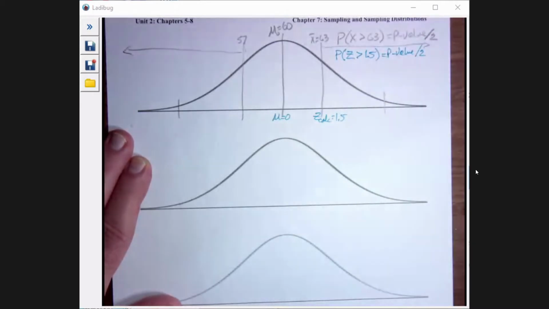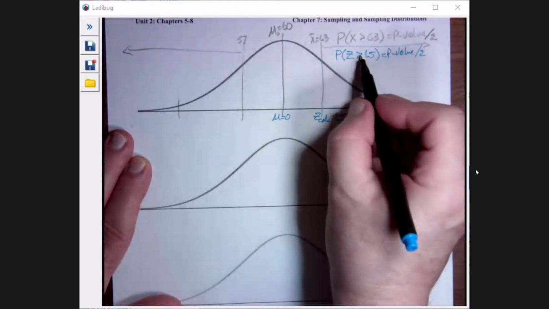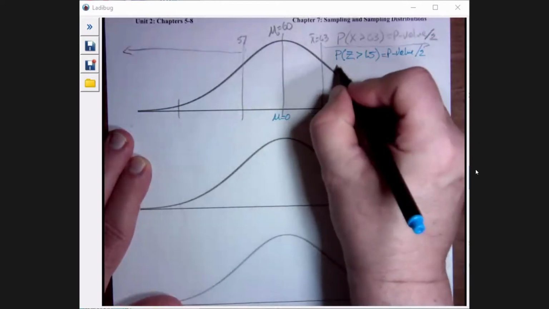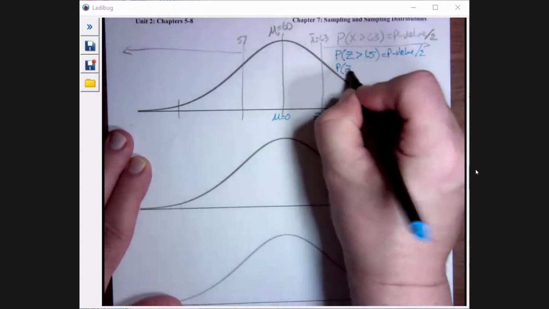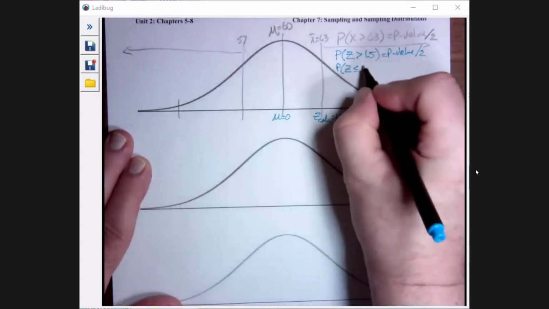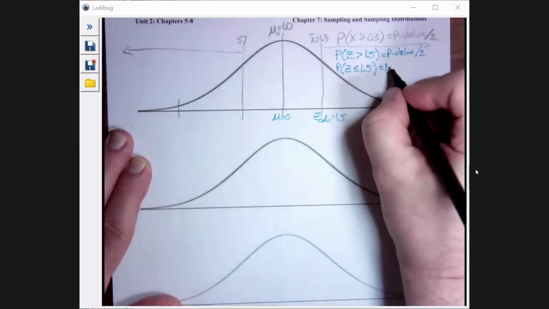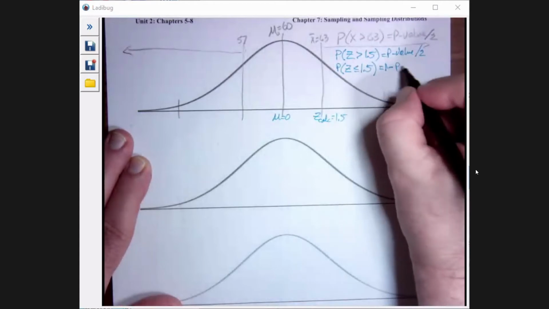Now, can I do a greater than in Excel? No. So what do I have to do? 1 minus. So I have to do the complement, right? I've got to compute the probability of getting a value less than 1.5 and then do 1 minus that.